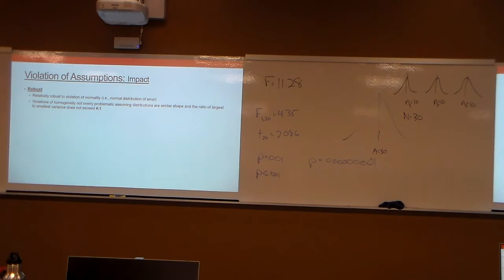Where we don't get robust, same thing with our t-test, is if we start doubling down on violations.